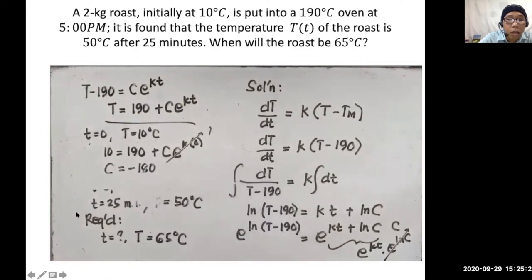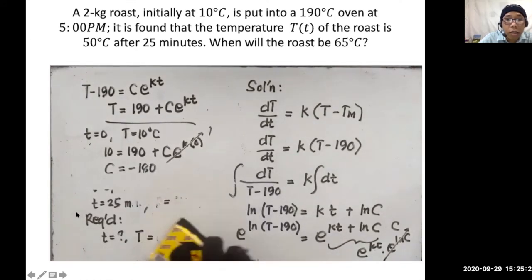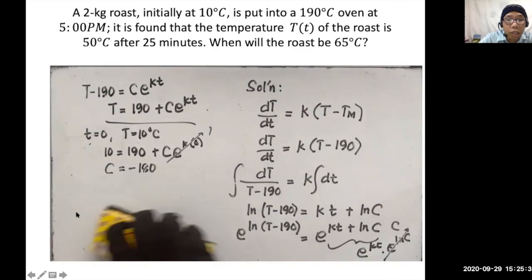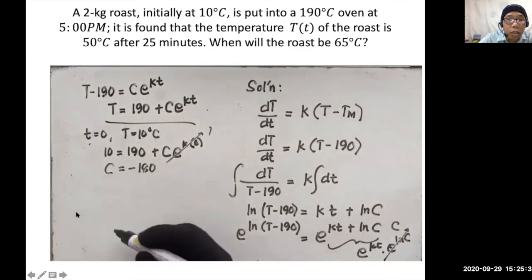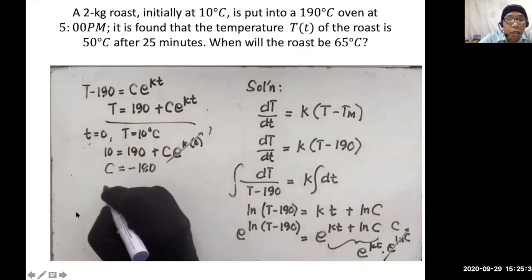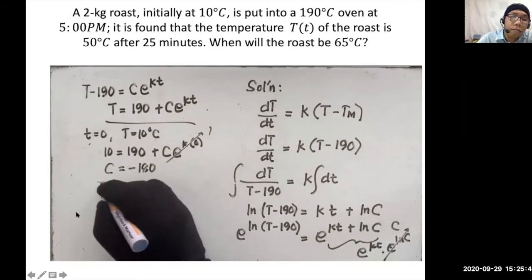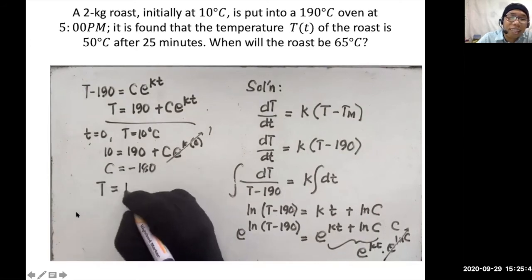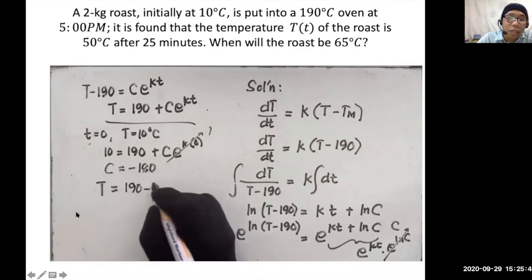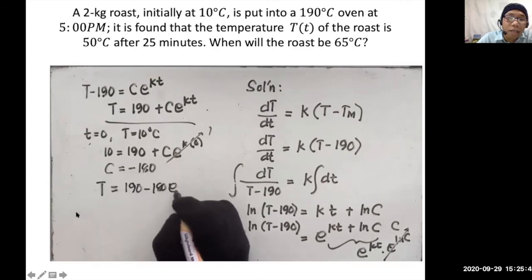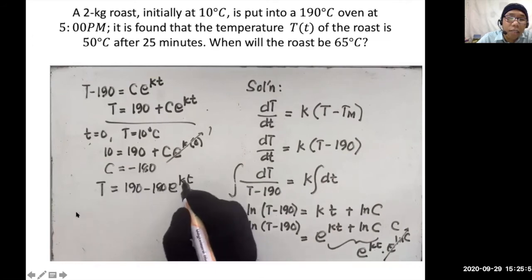Okay? Now, we plug it in the solution above, which is T equals 190. Sulat natin. 190 minus 180 e raised to k times t.